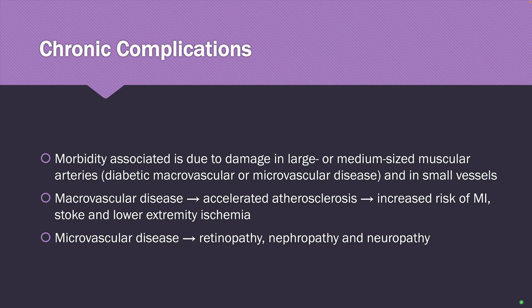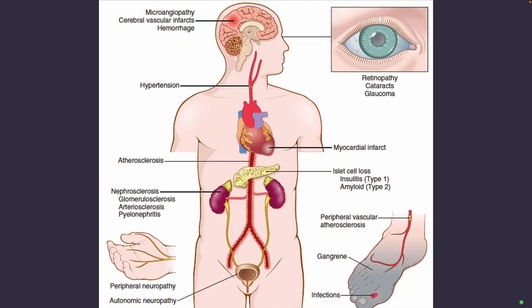For macrovascular disease, this occurs due to accelerated atherosclerosis, and your patients will have an increased risk of MI, stroke, and lower extremity ischemia. For microvascular disease, your patients can have retinopathy, nephropathy, and neuropathy. So, this one is a nice diagram showing you all the possible chronic complications of your DM. And we'll go over these one by one. Kasi, in your practice, ito ang makikita nyo most of the time.